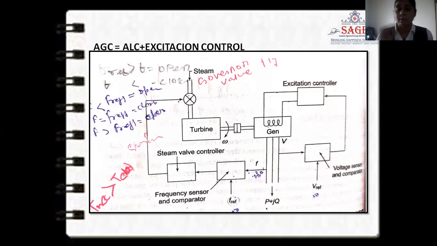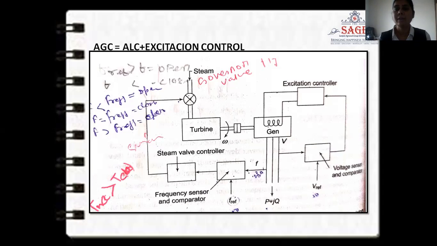Whenever both the frequencies are not matched, the third condition is if the generated frequency is greater than the reference frequency, at that time also the steam valve will close until both frequencies match. Here there are three operations, meaning the steam valve opening depends on the system frequency.